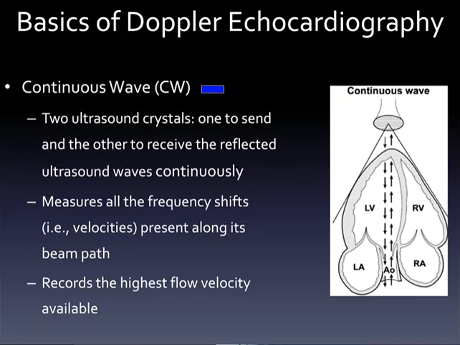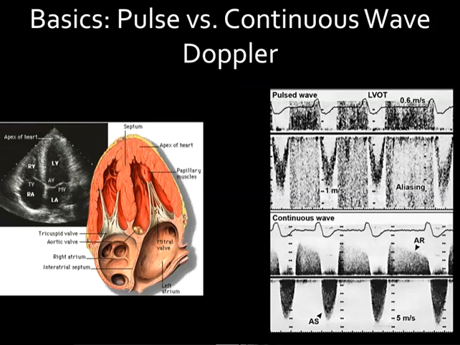So just to give you a sense of how this changes the information you're getting, again, if you have your LV over here and your LVOT, your aortic valve over here, if you put a pulse wave in the LVOT, you're going to get this first signal.